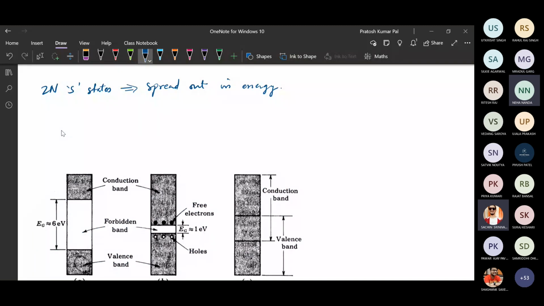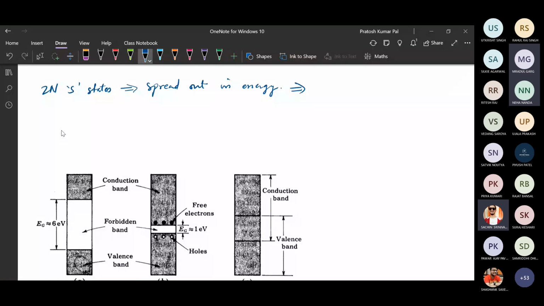Here, the energy bands are the states, which are going to spread out, and the energy will be spread out.